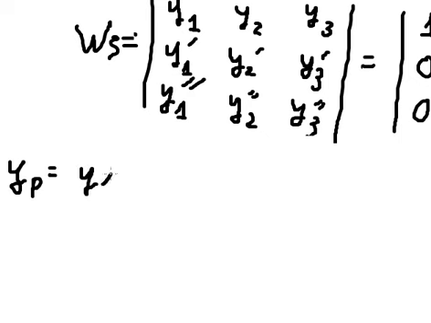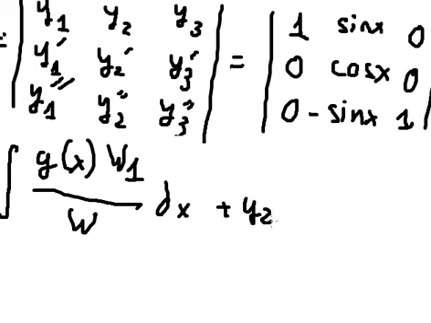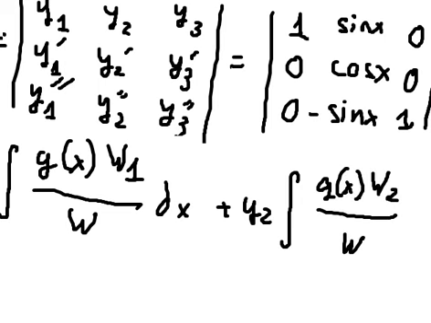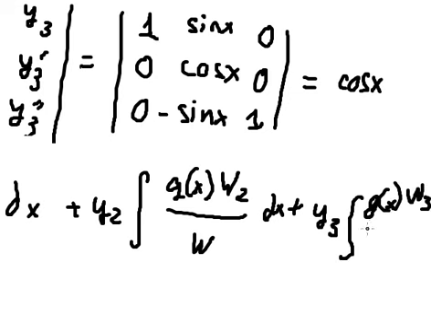So we have y number 1, and we have the integration of 3x W number 1 over W, and we have y number 2, that is about the integration of 3x W number 2 over W, and y number 3, that is about the integration of 3x W number 3 over W, and we put the x.